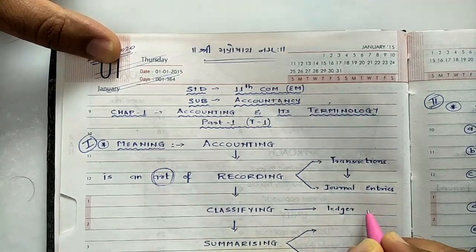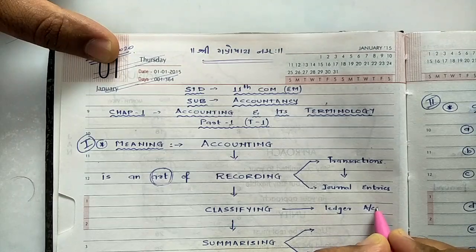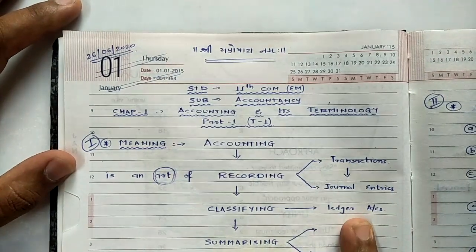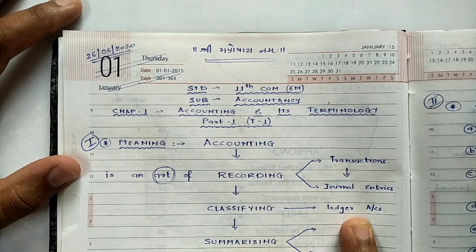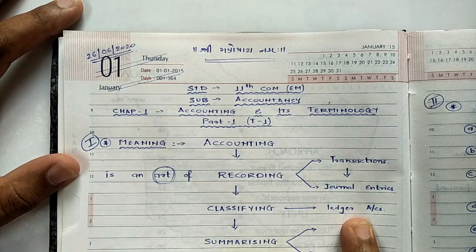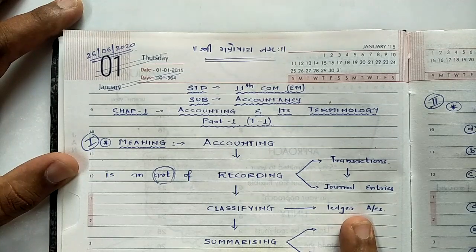Now ledger accounts, from here you will come to know the importance of accounting procedure. Through ledger account you can come to know what is the total value of purchase made during the year, what is the total value of sales made during the year, what was the income earned during the year, what was the expense incurred during the year. These are the various things you can come to know from ledger.